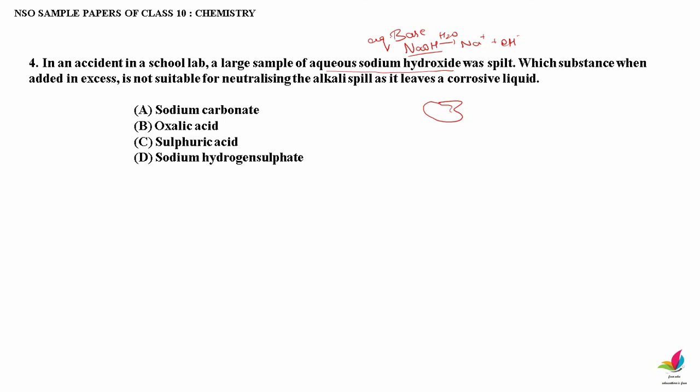Out of these four options, you need to identify which substance will leave a corrosive liquid. This question is very simple. If you look into the options carefully, you can easily find the answer. So I'll leave it as homework. Just find the answer and write it in the comment box.